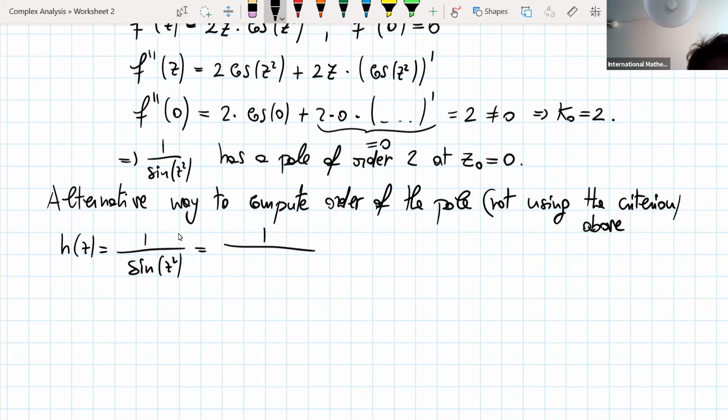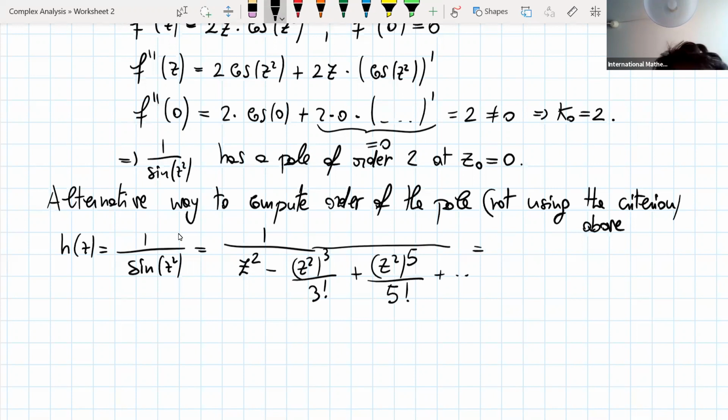So you know that this is z squared minus (z squared) cubed over 3 factorial plus (z squared) to the 5 over 5 factorial, and so on.